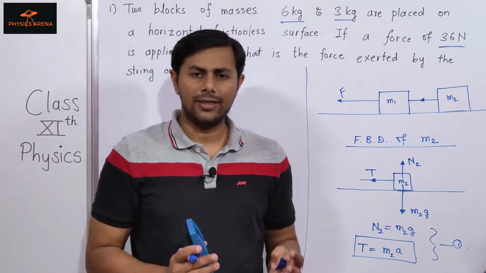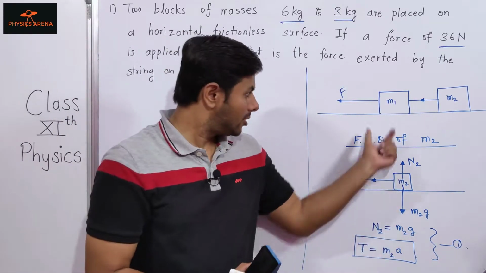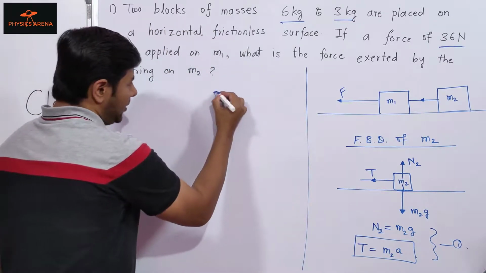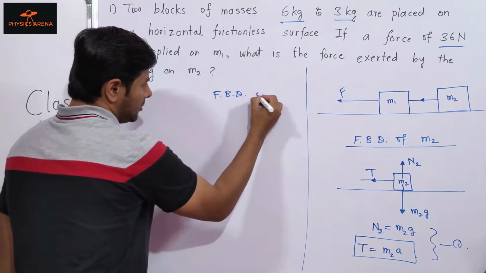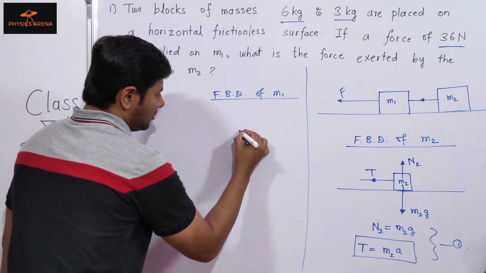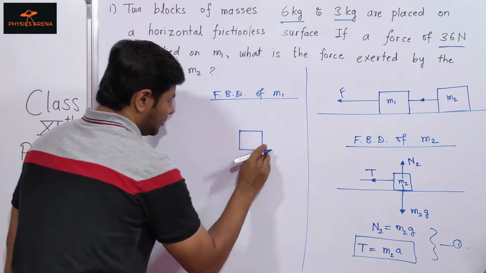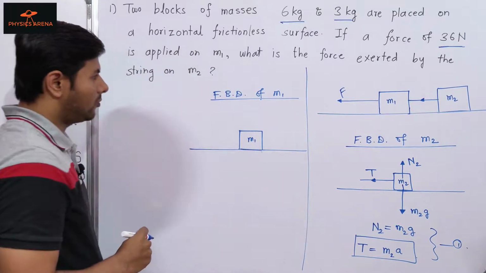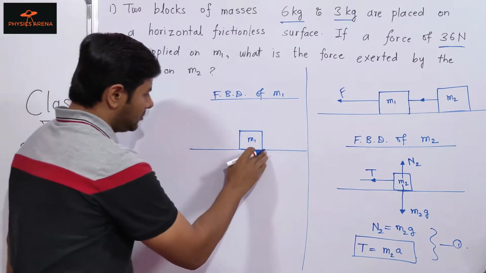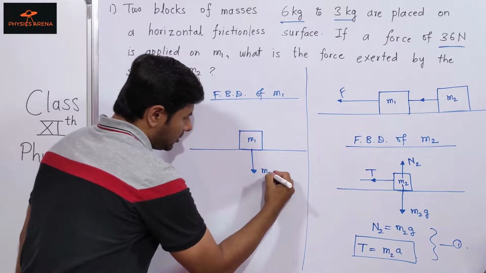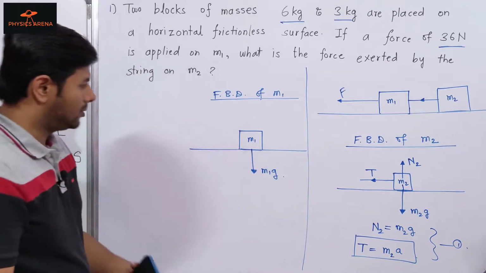After that, let's draw a free body diagram of mass m1. So FBD of m1. This is mass m1. What are the forces acting on it? Obviously there is the weight of the block, m1 times g.